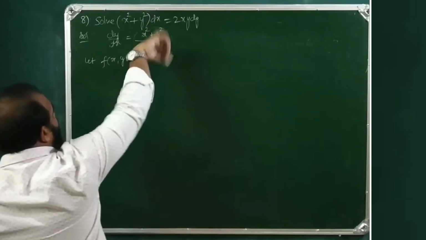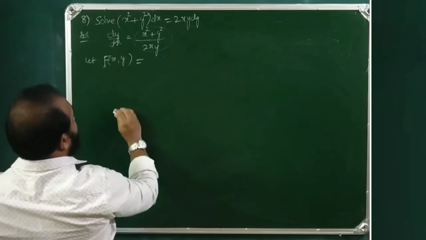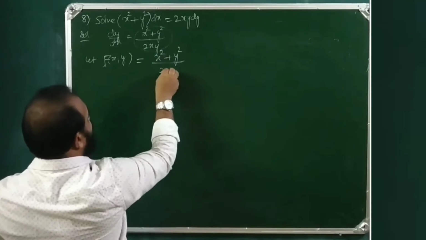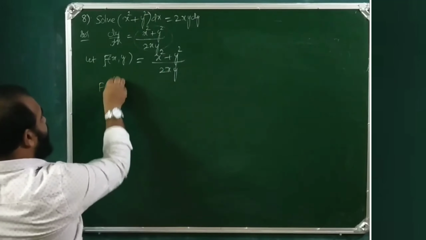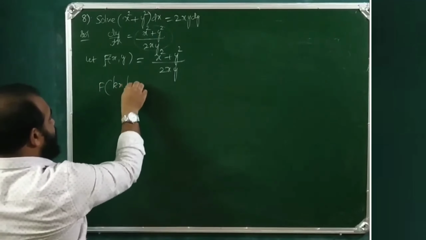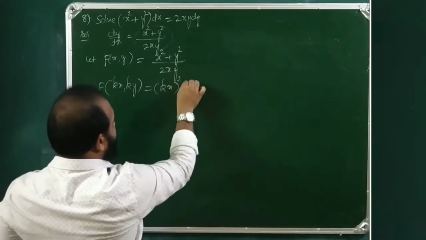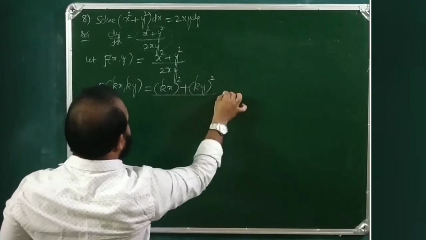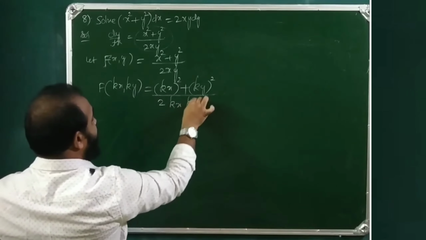How? This whole thing, f of x, y or capital F of x, y, is equal to x square plus y square by 2xy. So now f of kx, ky is equal to kx whole square plus ky whole square by 2 into kx into ky.